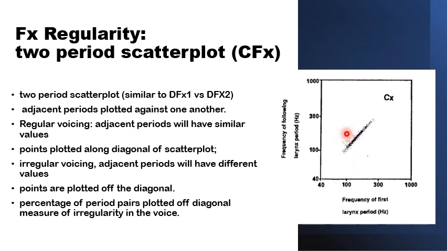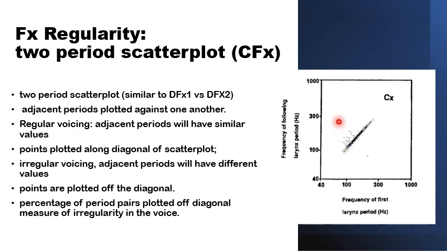If it is exactly the same 100 Hertz like the preceding cycle, then it would be on the diagonal line in here. The more dots we have on the diagonal line, the better the voice, because that would mean that the cycles are followed by very similar cycle frequencies as well.